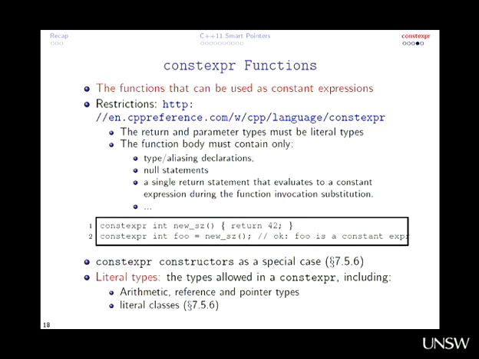So const expression functions are functions that can be used to calculate those values of const at that point. They are restricted pretty much to the idea of being literal types. So if we end up with a function down here of, say, new_sz, return 42, this can be a const expression function because it's returning a literal.